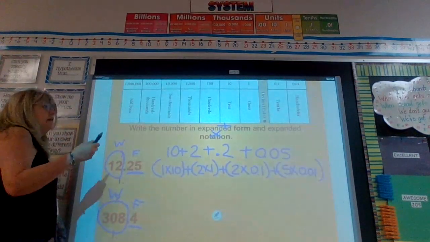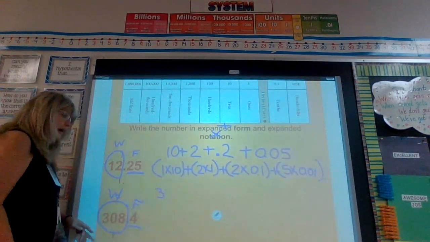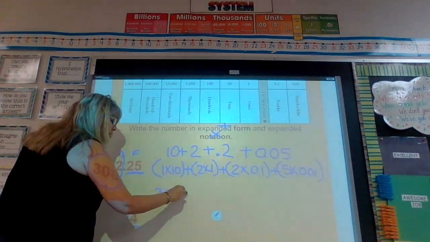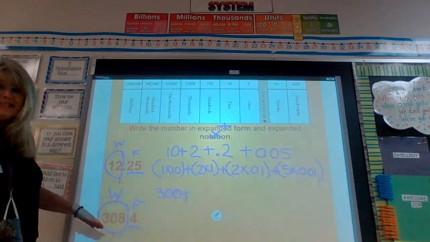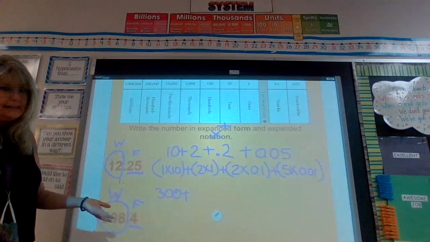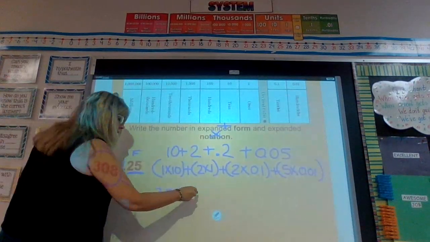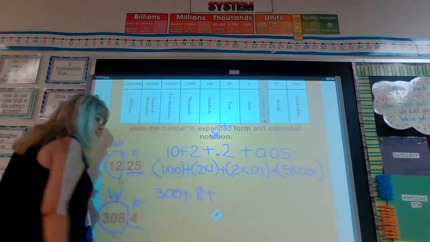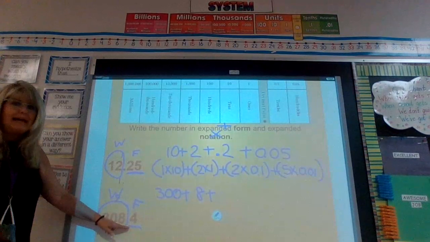Expanded form. Value of each place. The 3 is in the hundreds place, so it represents 300. The value of what's in the tens place is a 0, so I can skip it. The 8 is in the ones place, so it represents 8 ones. Now, the 4 is after the decimal point.